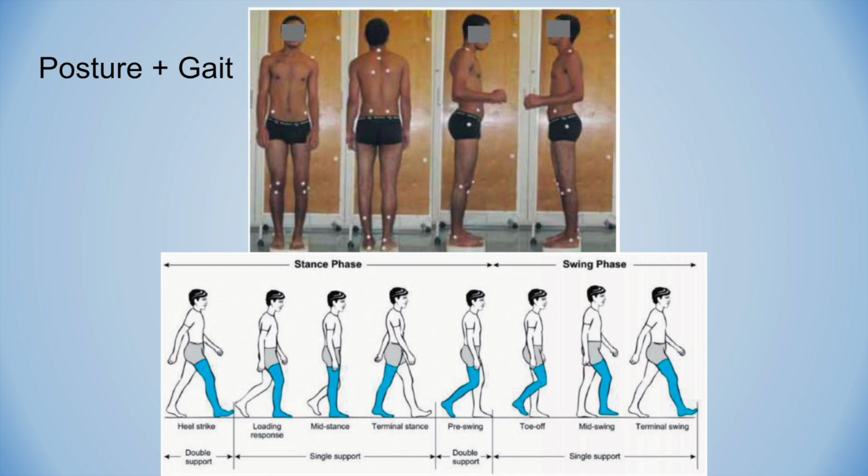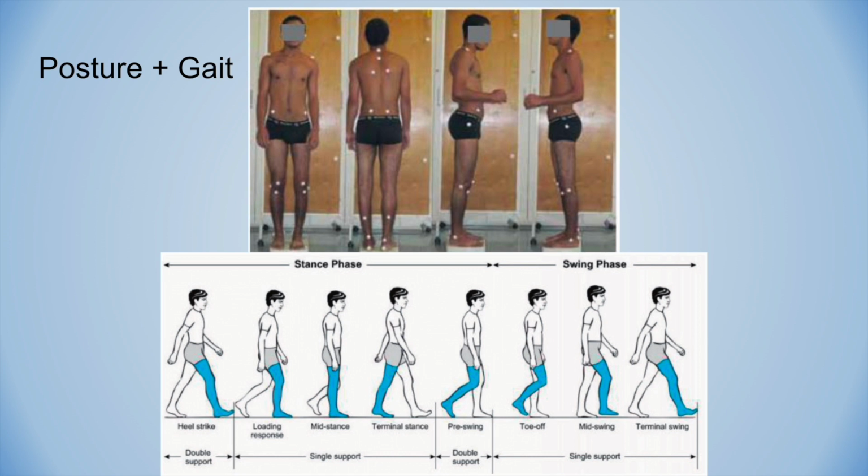And then gait, and you want to feel pretty comfortable with what a normal stance phase and a normal swing phase look like. And in this case, the right leg, the blue leg here, is the one that we're referring to. With a loading, mid stance, and terminal stance phase before the pre swing, toe off, mid swing, and terminal swing before they heel strike again in what's considered double support, moving between single support and double support.